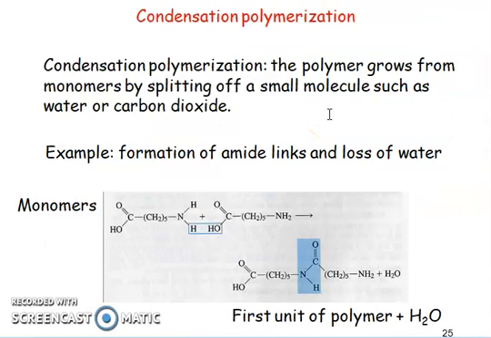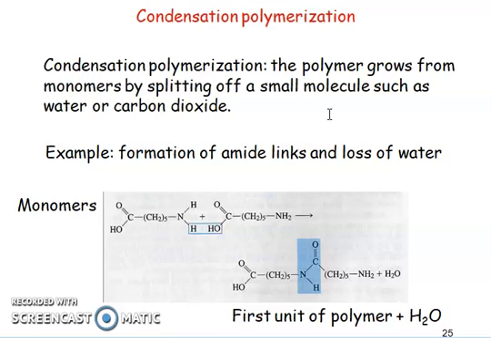Now we have discussed addition polymerization in the last class. In this class we will discuss condensation polymerization. It is the process of polymerization which involves loss of a small molecule. This means when two monomer units combine, a small molecule is split out of the compound.